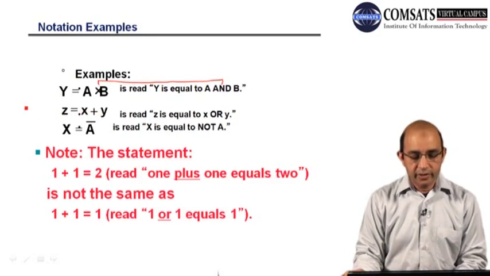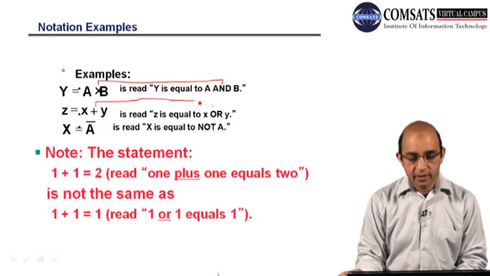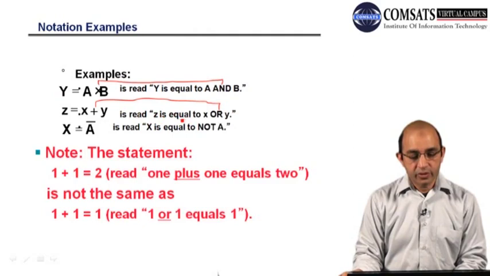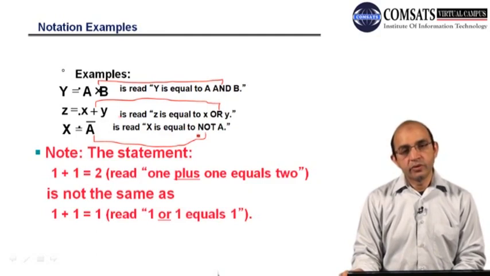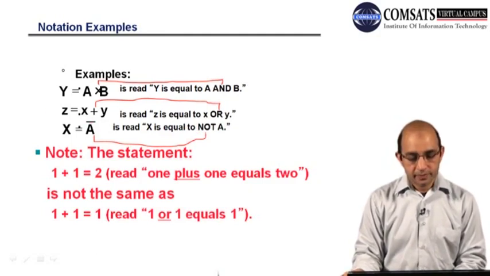Then we have z equals x plus y, and this plus is represented by OR, so it will be read as z equals x OR y. And then we have a complement, which is replaced by NOT. So x equals NOT a.